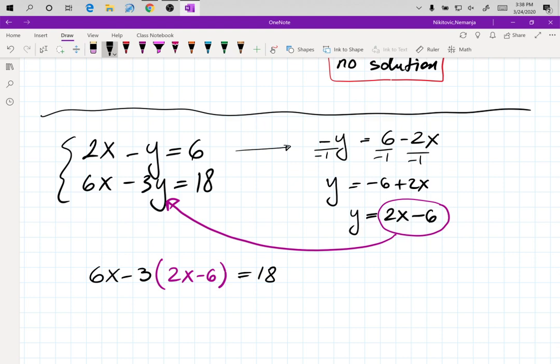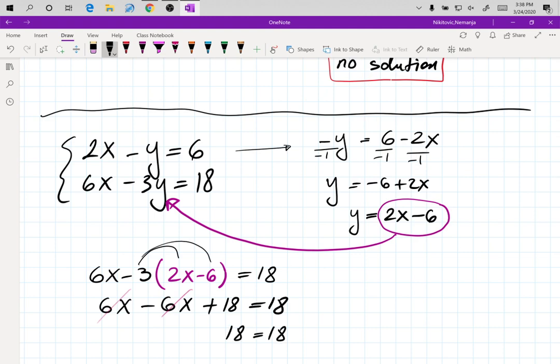This is what we get. Now we distribute negative 3. That's going to be 6x minus 6x plus 18 equals 18. And now you see that these two cancel. So now we have 18 equals 18.